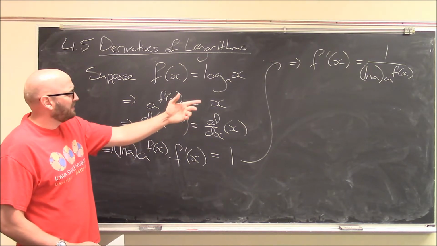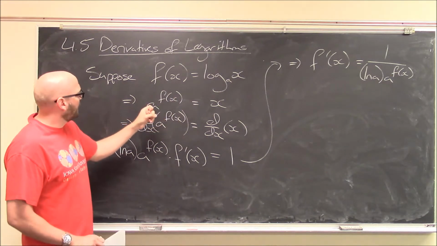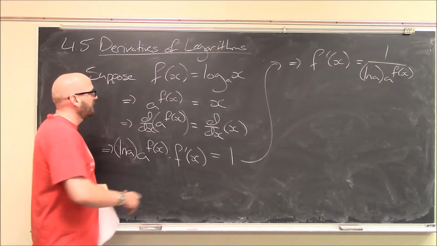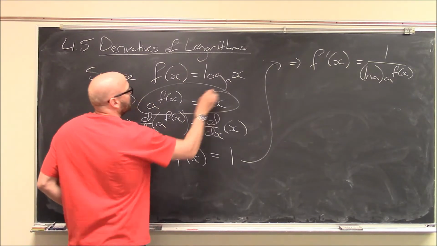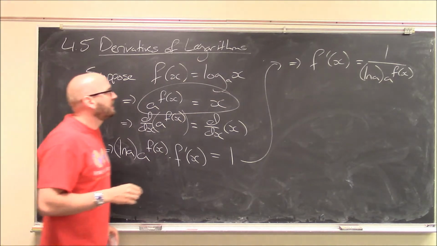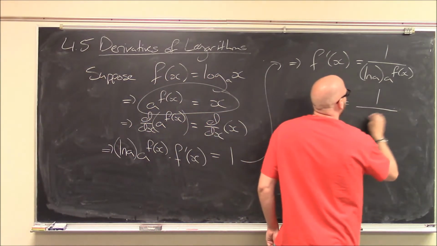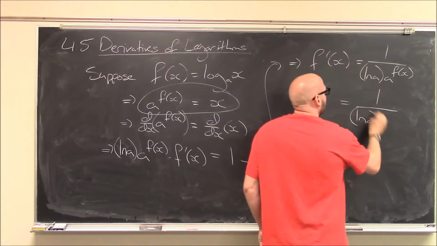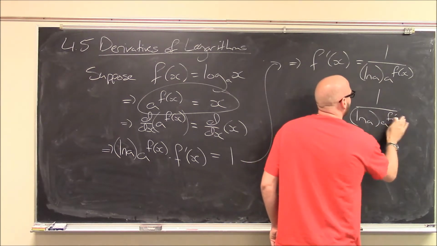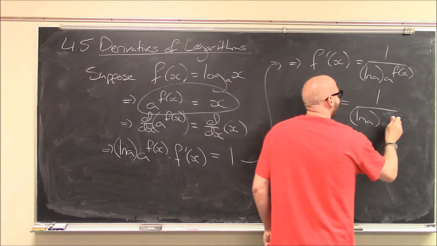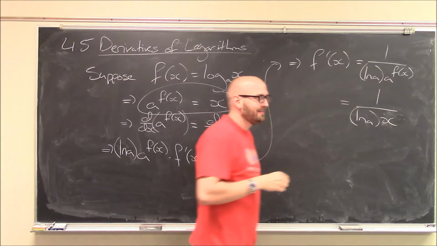A to the f of x, well, that's my original function. What is a to the f of x? Come back to this line. A to the f of x, that just equals x, right? So my derivative is 1 over ln of a times a to the f of x, which is just x.